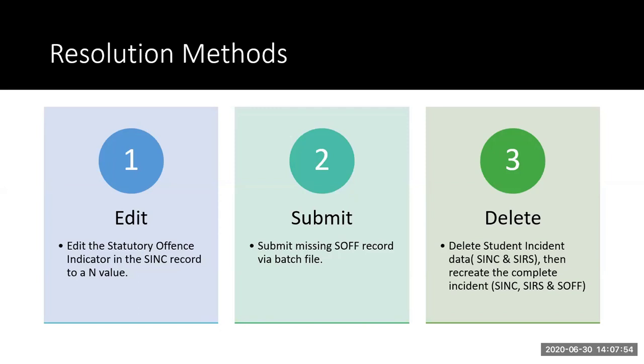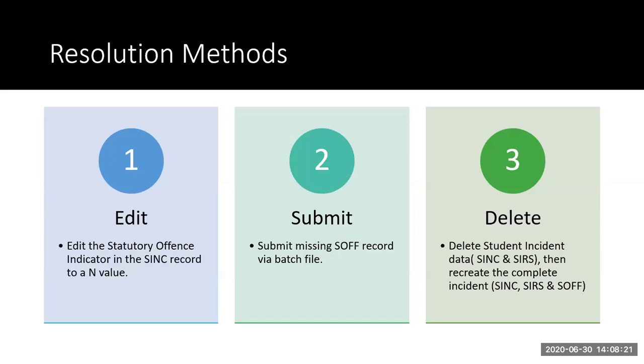You can edit the statutory offense indicator in the sync record to a no value. No, there is not a statutory offense. So if my SIS populated this mistakenly, I can go in online maintenance, since this record was already established, and edit that. Or I can submit a new file and edit that.